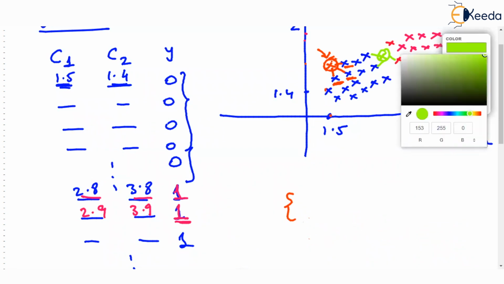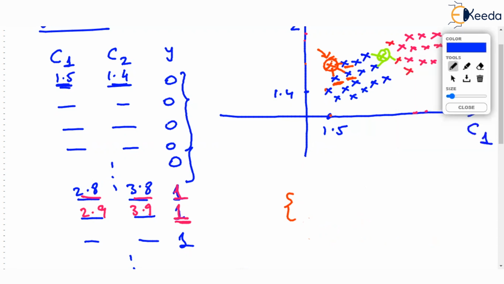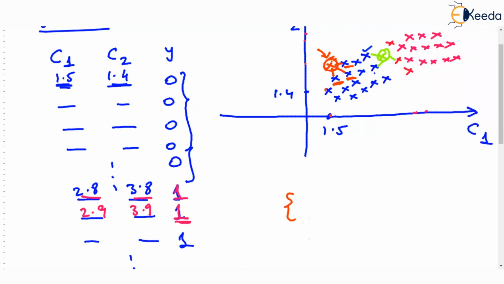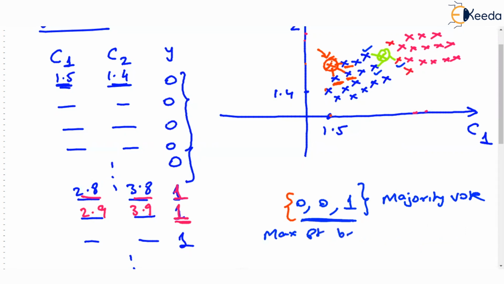It is 0 for blue point, 0 for blue point, and 1 for red point. And you take majority vote. Majority vote says among the 3 nearest neighbors, maximum points belong to 0 class. Therefore, our query point has class 0.